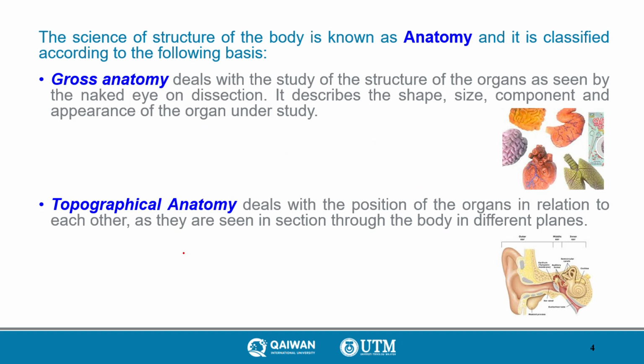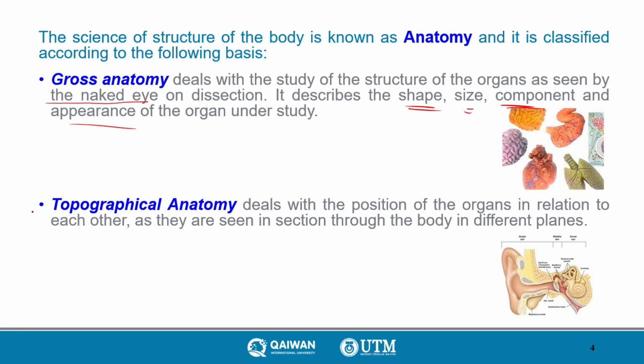The science of the structure of the body is known as anatomy. The classification of anatomy follows the basis of gross anatomy, which deals with the study of the structure of the organs as seen by the naked eye on dissection. So it describes the shape, size, components, and appearance of the organs.